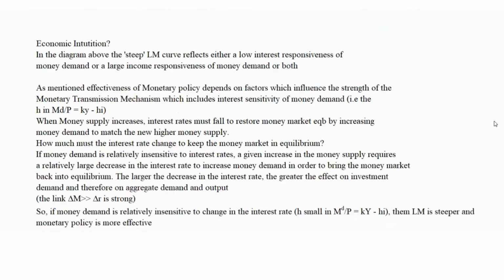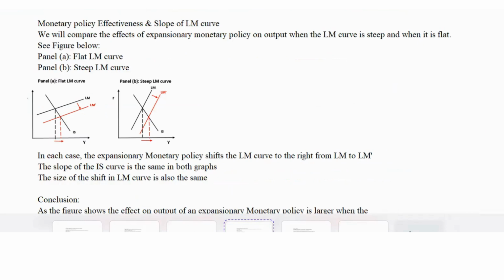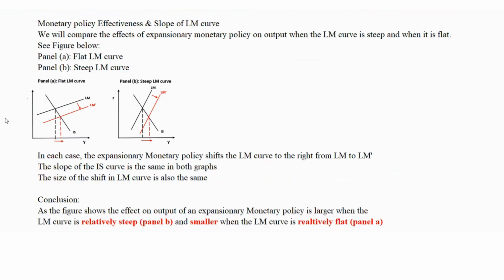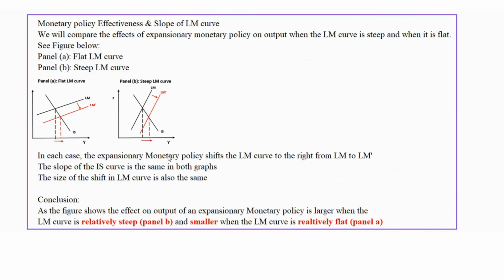So basically the link between change in money supply and change in R in the monetary transmission mechanism is strong. So if money demand is relatively interest insensitive, then LM is steeper and monetary policy is more effective. The figure showed us that when we have a steeper LM curve, monetary policy is more effective. We understood the economic intuition behind it.